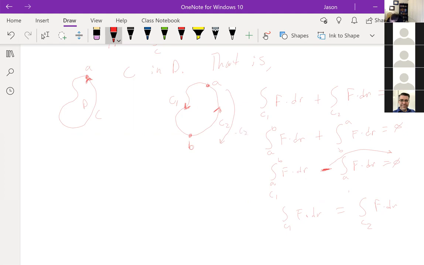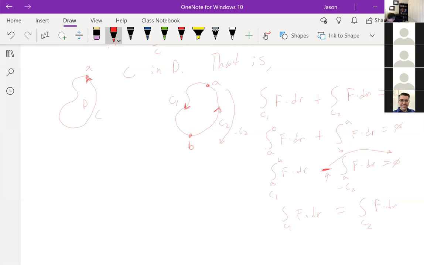It's not negative C1, it's negative C2. That makes sense. So A to B is the negation of C2, which would make that negative.